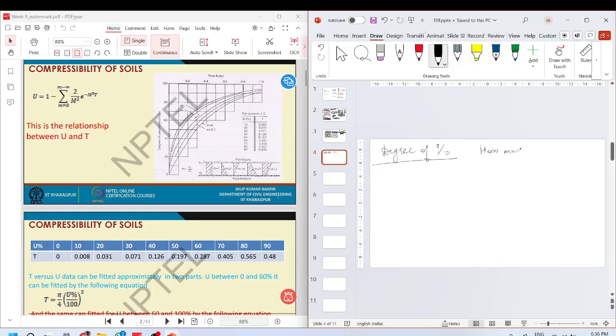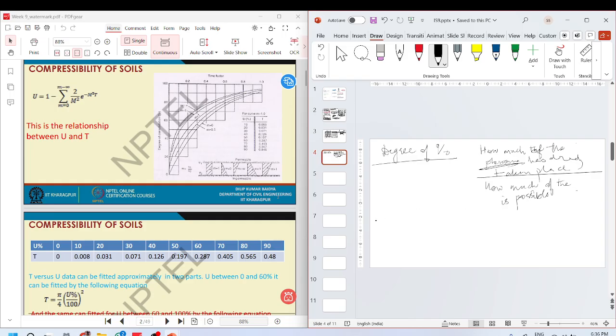how much of the phenomena has already taken place over how much of the phenomena is possible.